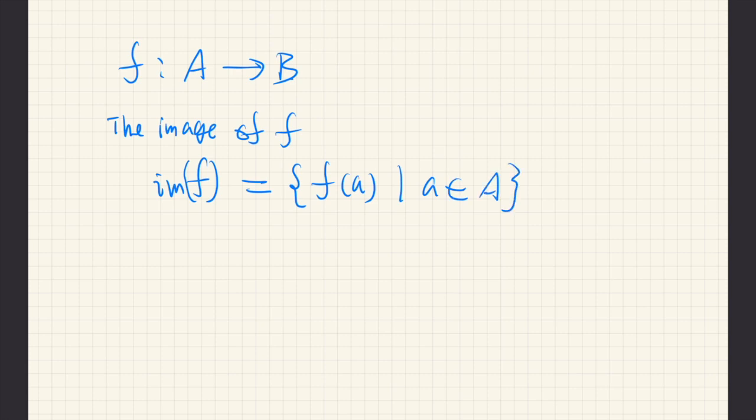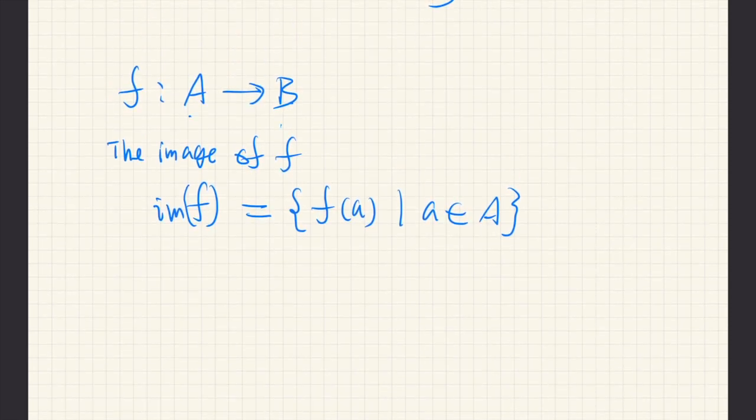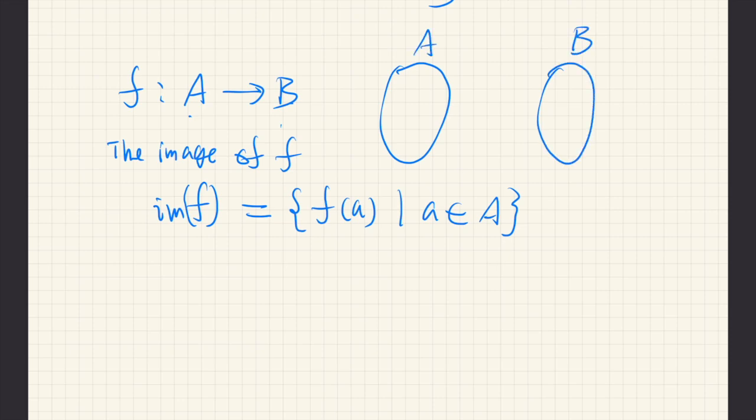What does this mean? We have two sets, obviously, A and B. So let's write it like that, A and B. For each element of A, we have a corresponding element in B, according to the definition of the map.